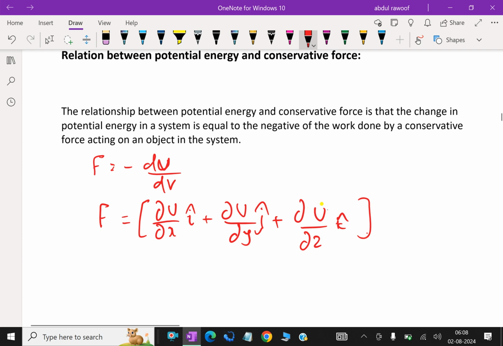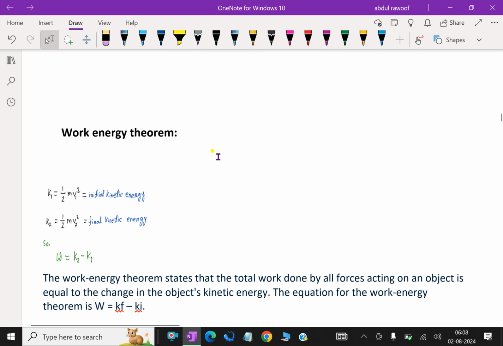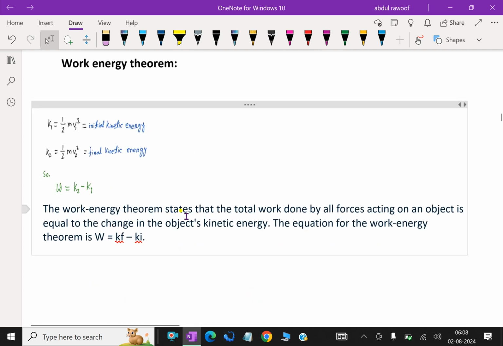Next, work energy theorem. What is the work energy theorem? The work energy theorem states that the total work done by all forces acting on the object is equal to the change in the object's kinetic energy. The equation of the work energy theorem, W equals Kf minus Ki.